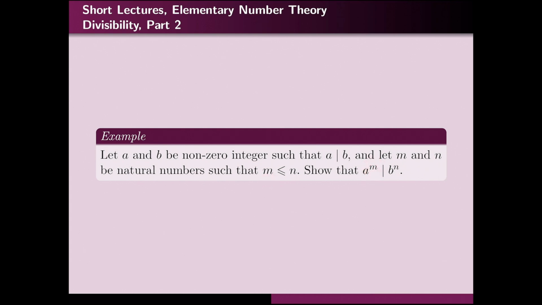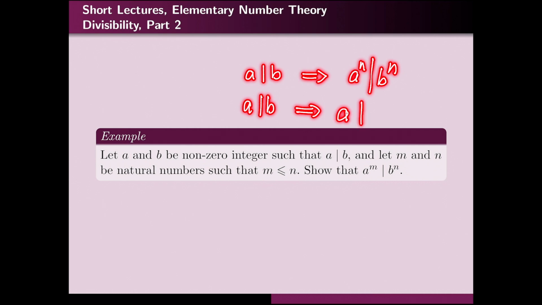Okay? So this means that the previous one told you that if you know a divides b, then you can raise both sides to the same natural power, a to the power of n, b to the power of n. This tells you that if you have this relation, you can raise to different powers, yes? For example, you can raise the left side to power m, but the right side to power n, even if m and n are not equal.